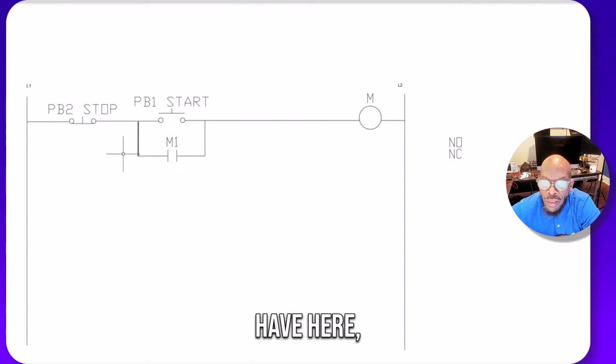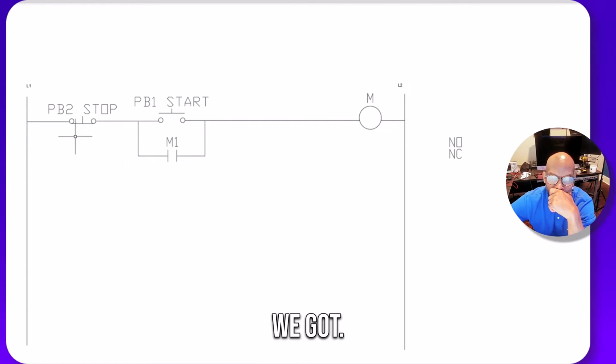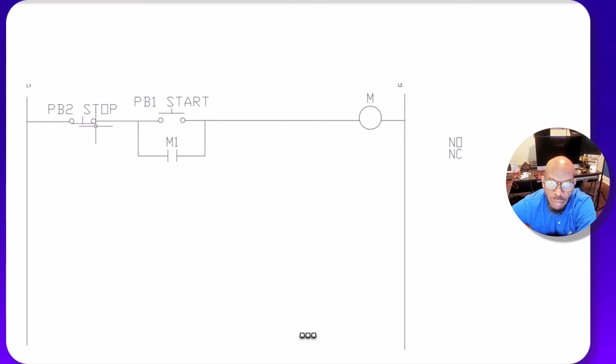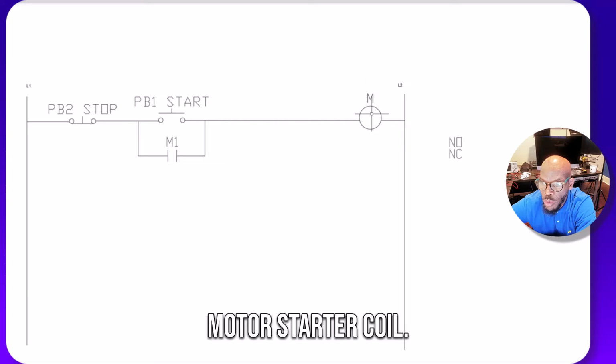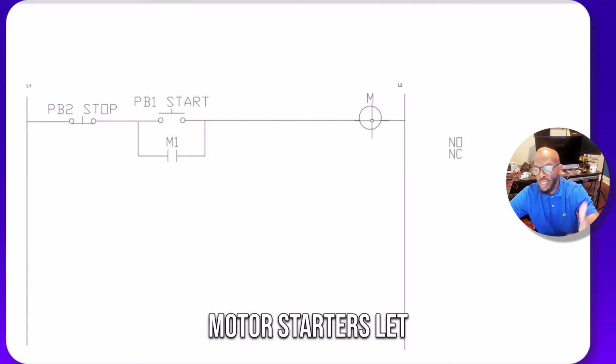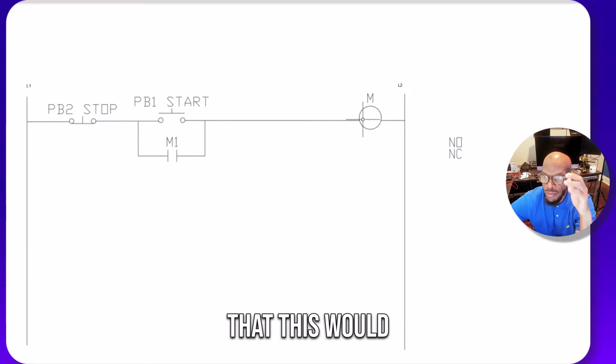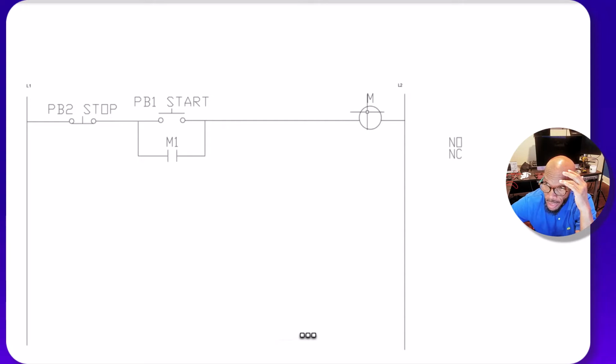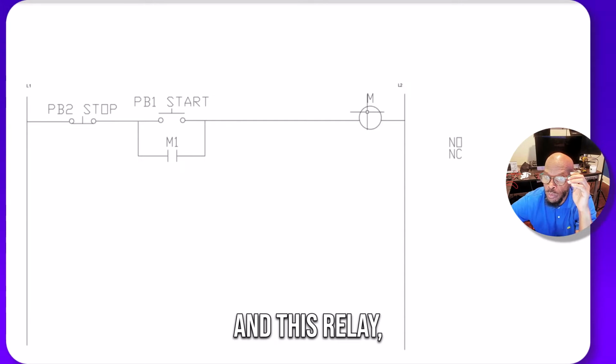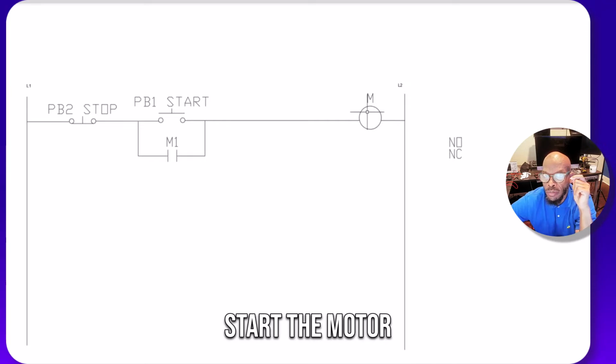So what we have here, this is what we got. We got the stop button, the start button, and the motor starter coil. This is the contacts of the motor starter coil. Let me just clarify: this would be like a relay, and the contacts off this relay will start the motor to run.